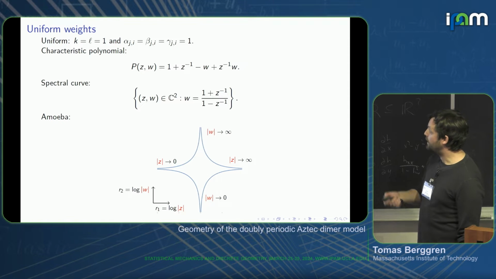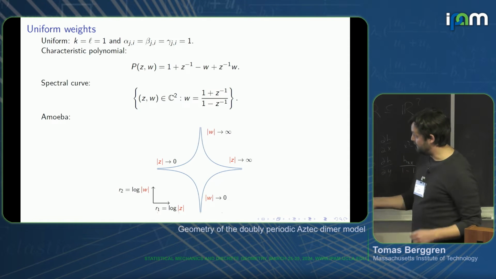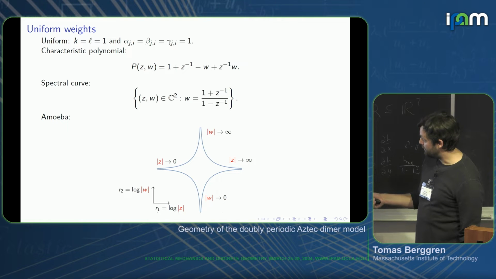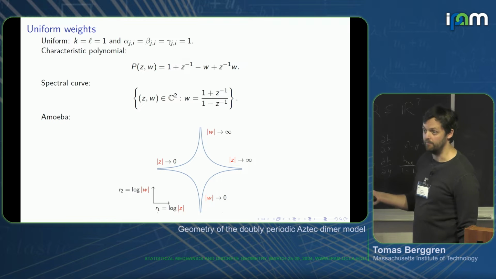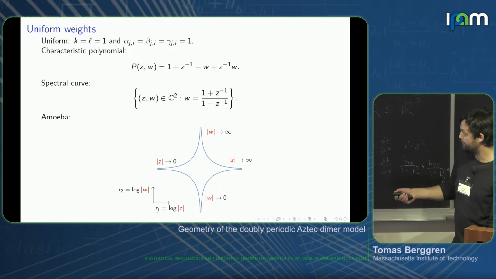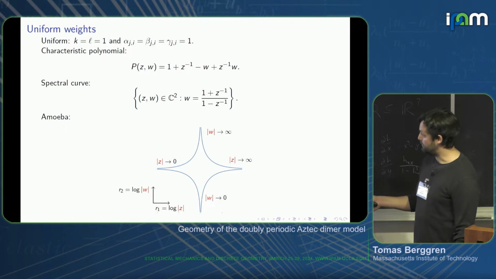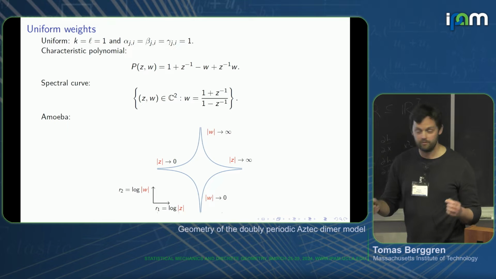And the amoeba is the interior of this thing here. So it's a subset in R2, and it has these tentacle-type asymptotes.